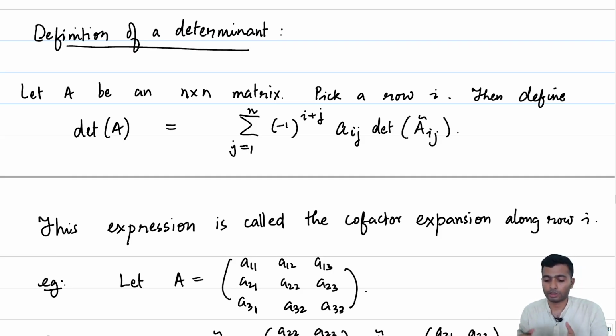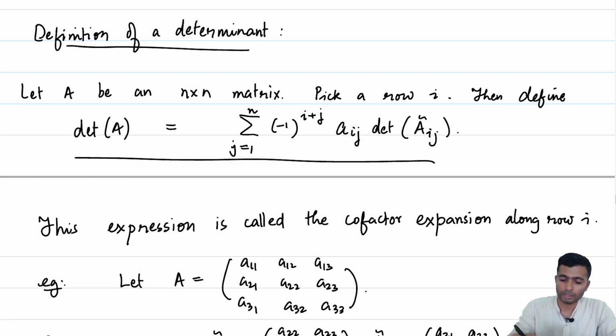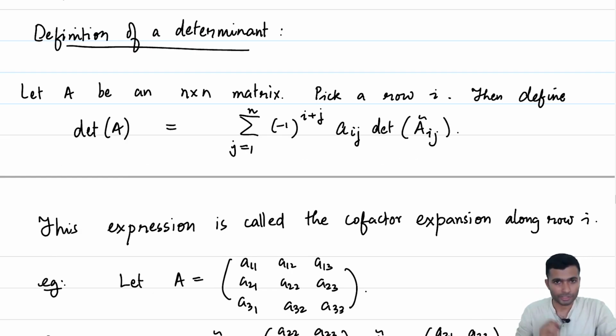And just as the definition does not depend on the row, the definition using the cofactor expansion along a column will also give us back the same number. All these beautiful properties do exist for the determinant of A. However, we will not be proving this statement. It falls in the same category. So, if you look at the cofactor expansion along a column, say column j, then the fact that the number that we get will be the same as this number is also something which we will assume right now.